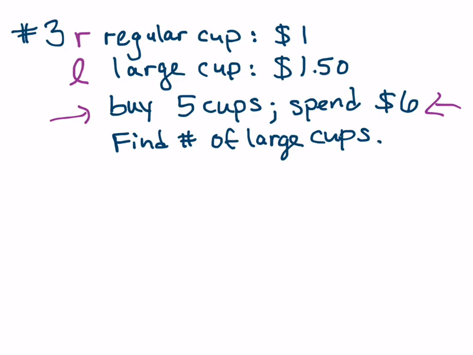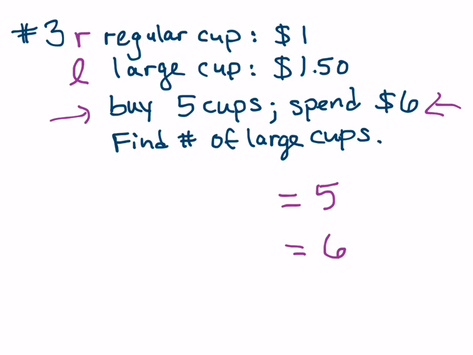So a lot of times you end up with 2 equations, one for the quantity of things, and then another that talks about the cost. So one setup we could have would be the total number of cups that they bought is 5, and then the total number of dollars that they spent is 6, and then we can go from there.